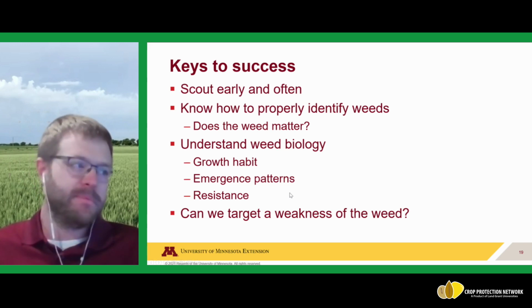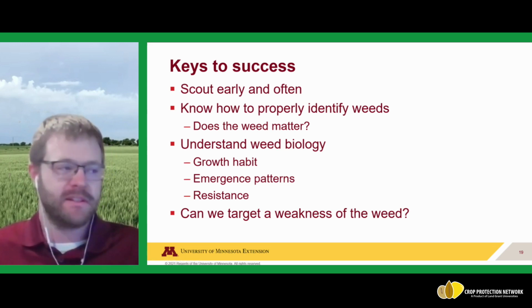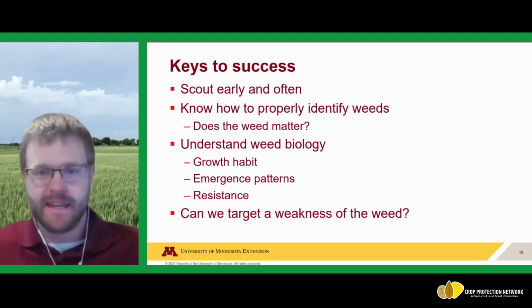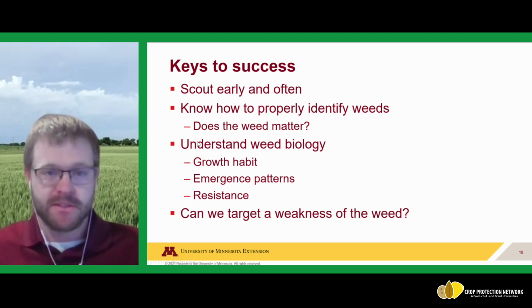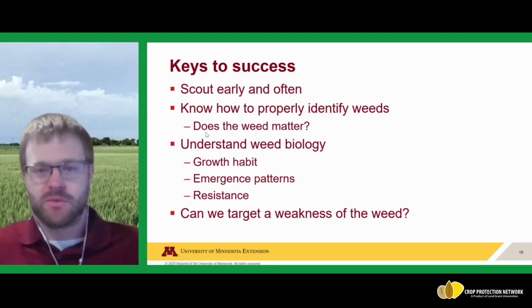So to wrap things up, here are some keys to success. When we start to scout weeds, we need to be out there early and often. Controlling those weeds when they're small is typically key to limiting yield reductions and for long-term weed management. We need to know proper identification. That's really the golden rule of weed scouting, because then we can know whether or not those weeds matter.